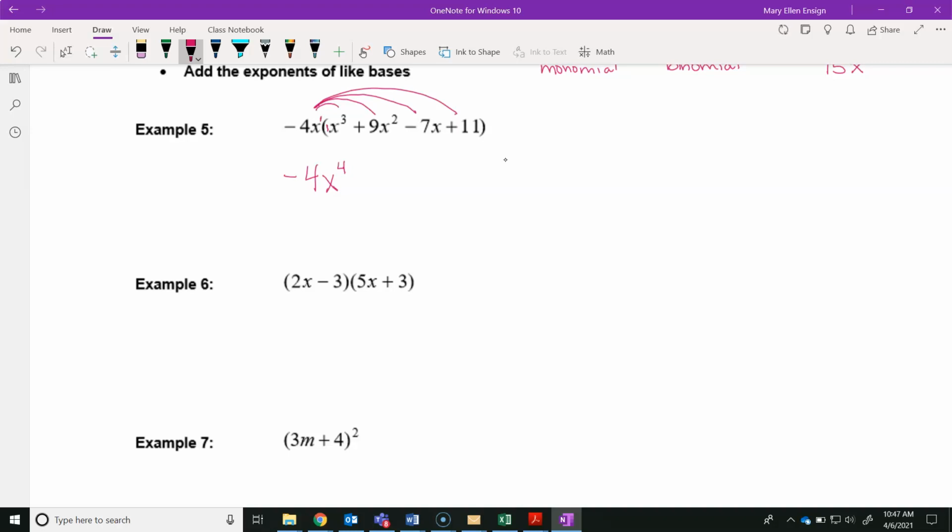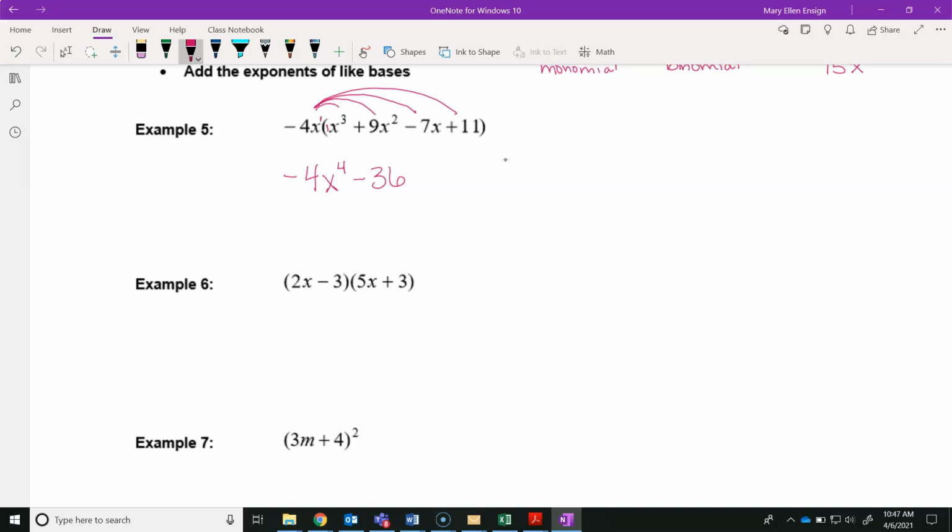Okay, go ahead and pause the video and try those other three multiplications, please. Okay, so we already multiplied -4x times x to the third. Now we're going to multiply -4x times 9x squared. So we get -36.